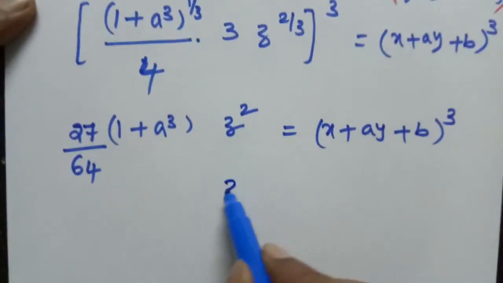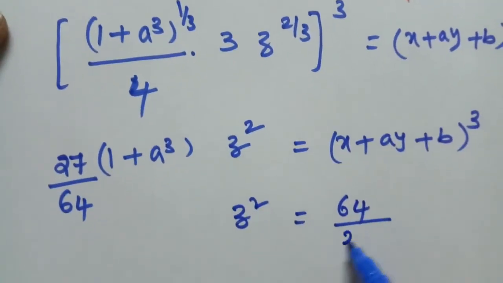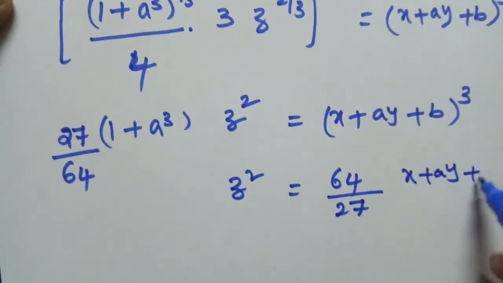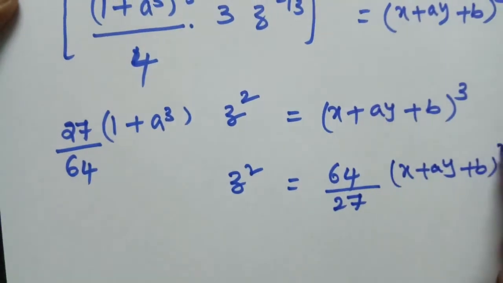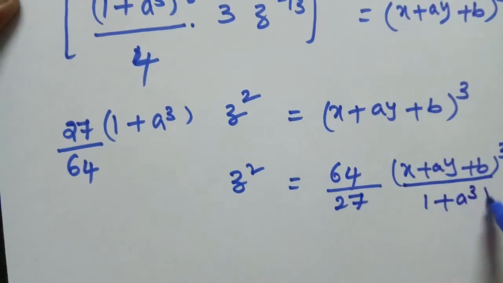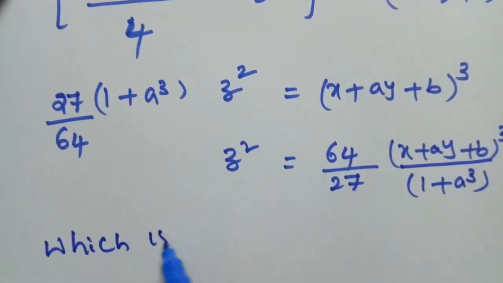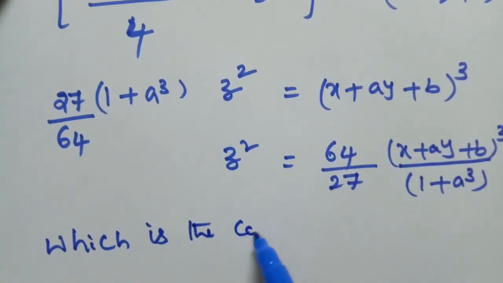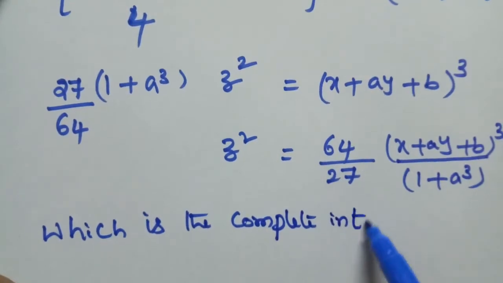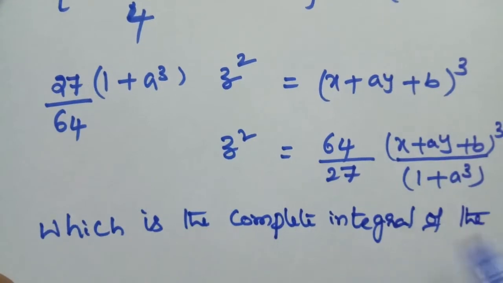Therefore, z square is equal to 64 by 27 into x plus ay plus b whole cube by 1 plus a cube, which is the complete integral of the given equation.